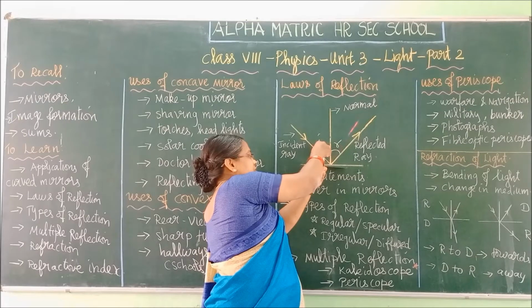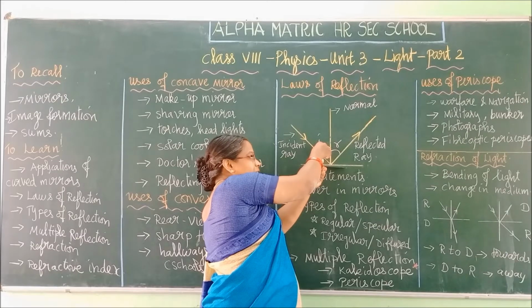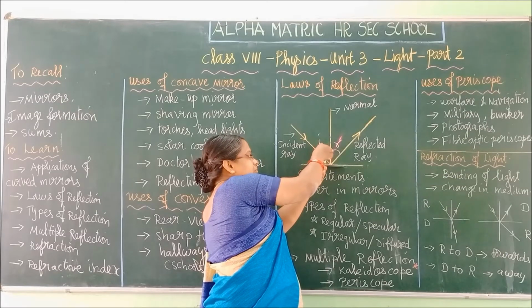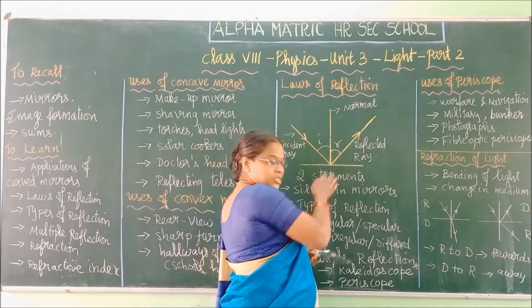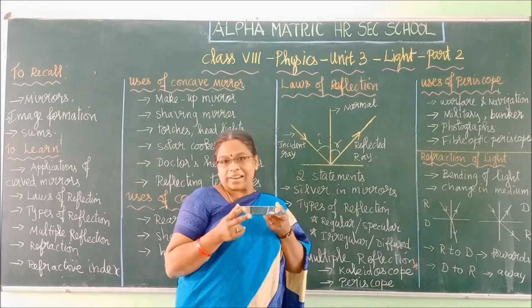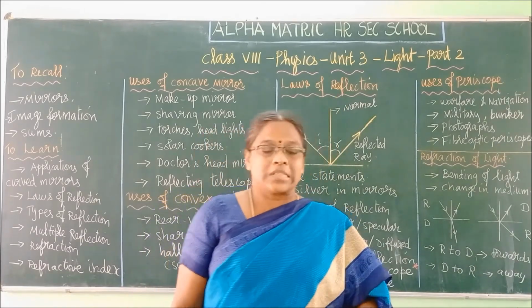I am pointing towards the mirror, but you can see the light above the mirror, right? So the light ray comes, hits the reflecting surface, and gets bounced back into the same medium.